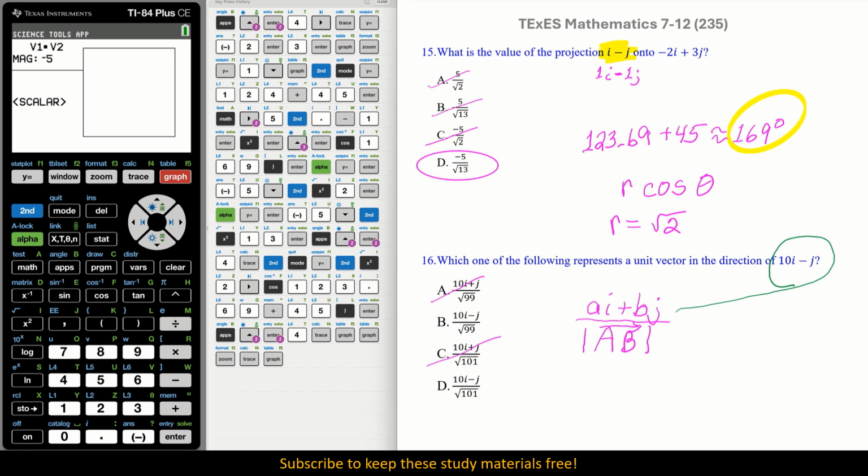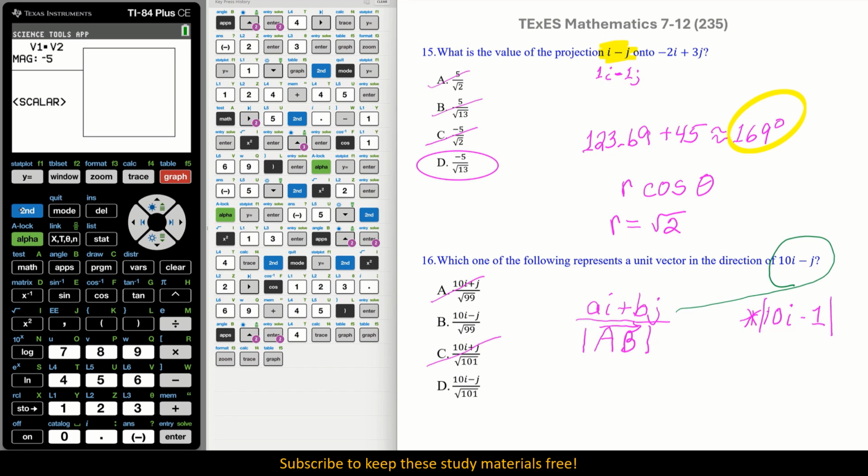So those are good. Now what we need to do is put our given into our absolute value to get our magnitude. Now remember, in the calculator we are dropping the j off. I'm sorry, not the i, but the j. We're dropping off the j. So I need i minus the 1 into the calculator.